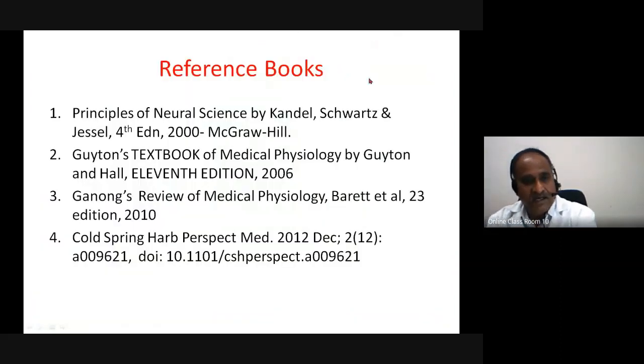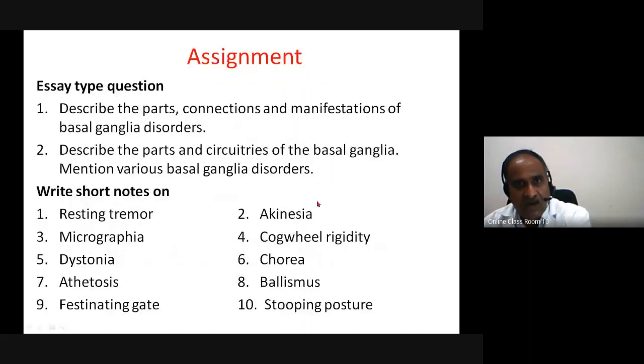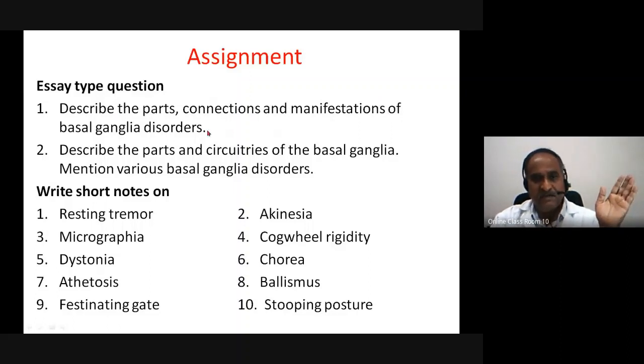Okay, the books are Kandel's Neuroscience, Guyton's Textbook of Physiology, Ganong's Physiology, and I have also consulted Cold Spring Harbor Perspectives in Medicine about these basal ganglia disorders. Now, the assignments: describe the parts, the connections, and the manifestations of the basal ganglia disorders.